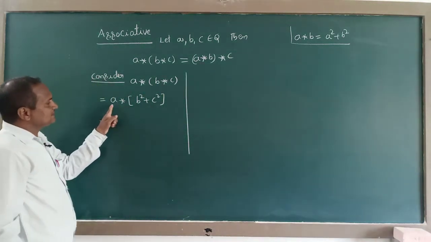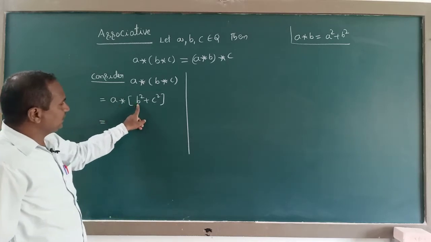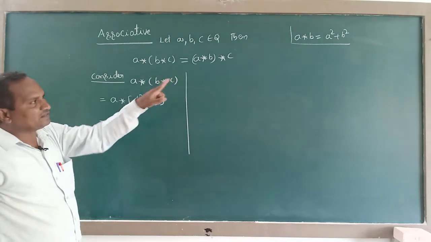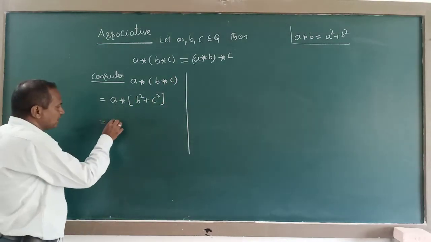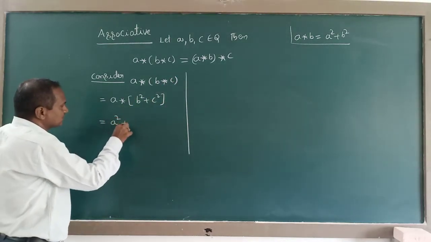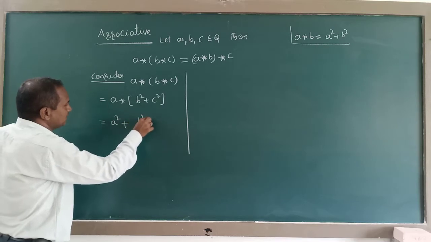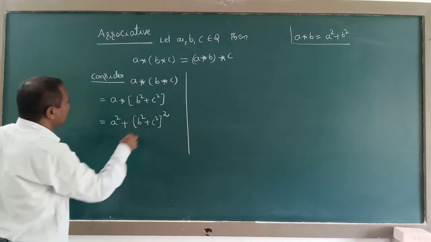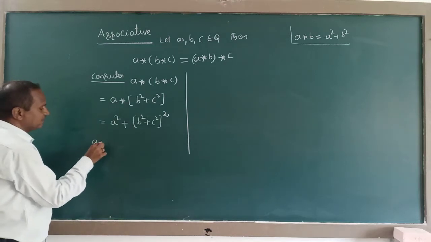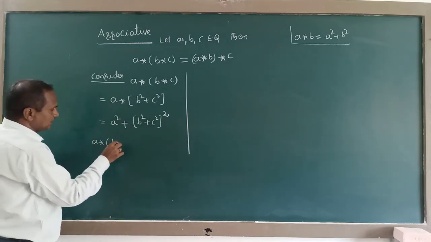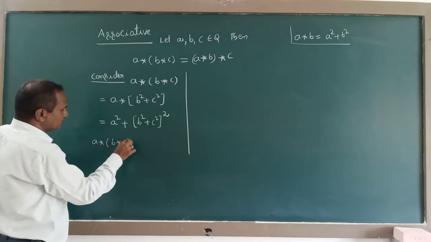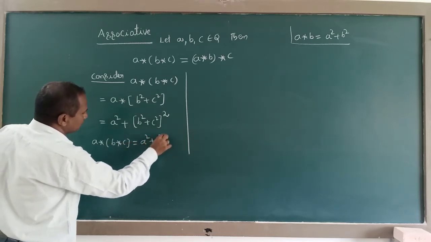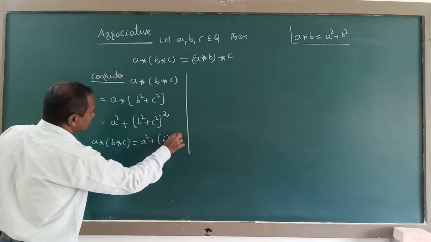Instead of A, A is there. Instead of B, B square plus C square is there. In the same way we apply that definition here. A becomes A square plus, and B becomes B square plus C square whole square. So for the left hand side, A star of B star C is equal to A square plus B square plus C square whole square.